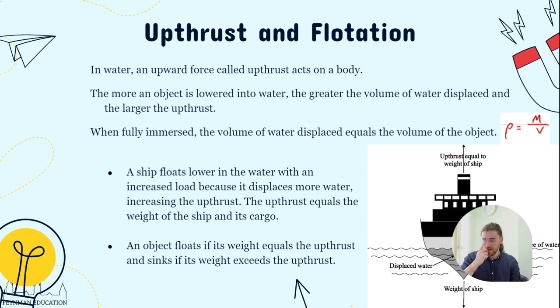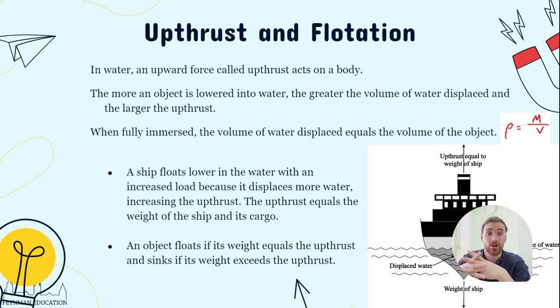Now, how much upthrust there will be depends on the mass of the object as well. The heavier the object, the more it's going to be pulled down. If it is being pulled down at a greater amount than the upthrust, then it will sink.